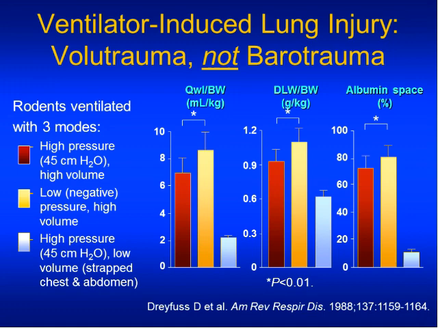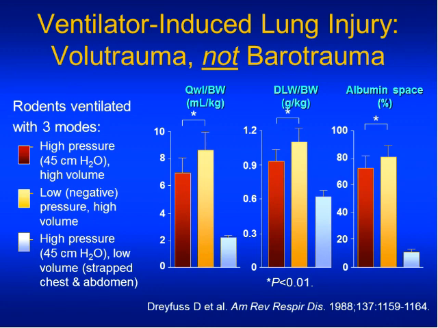In light blue are animals who are exposed to high pressure, but limited tidal volume because of a tight elastic bandage around the chest and abdomen. So again, there was a lot less lung injury. And in yellow are animals who had negative extrathoracic pressure generating a large tidal volume. So you remove the pressure factor, you still have very large tidal volume, and you have a lot of lung injury. So volume, not pressure, is what's primarily responsible for lung injury.